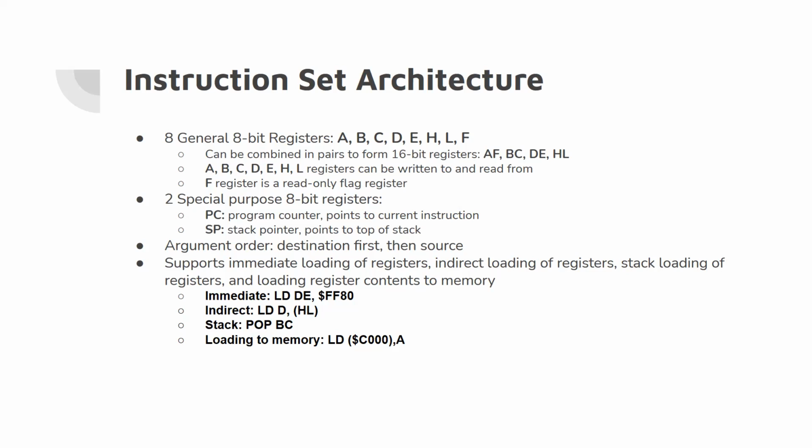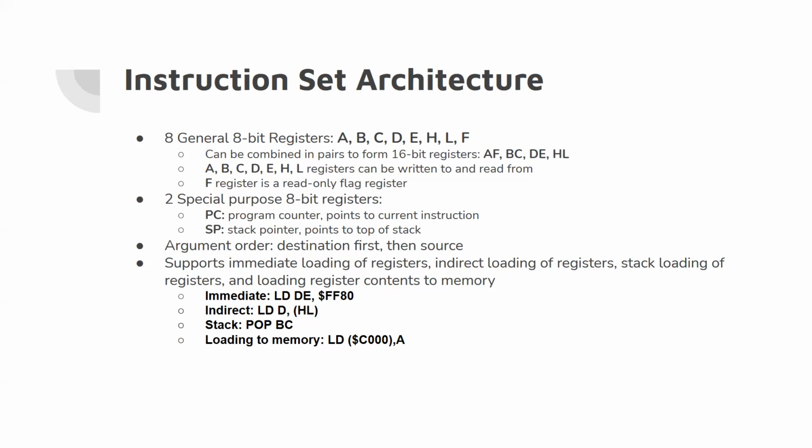When I say immediate loading of registers, I mean you're loading some exact value into a register. So you could be loading the number 3 into the register pair DE, so DE will be storing hex 3.